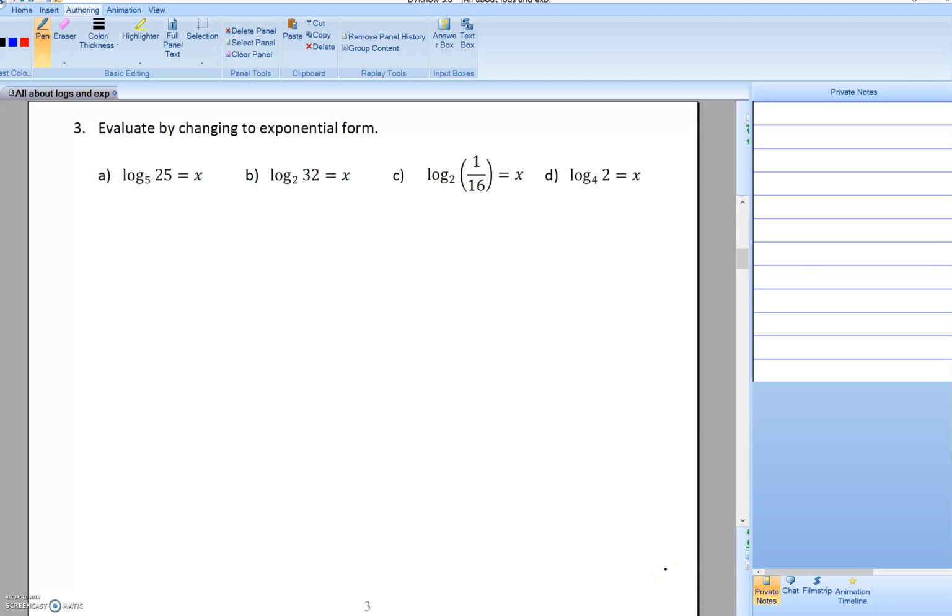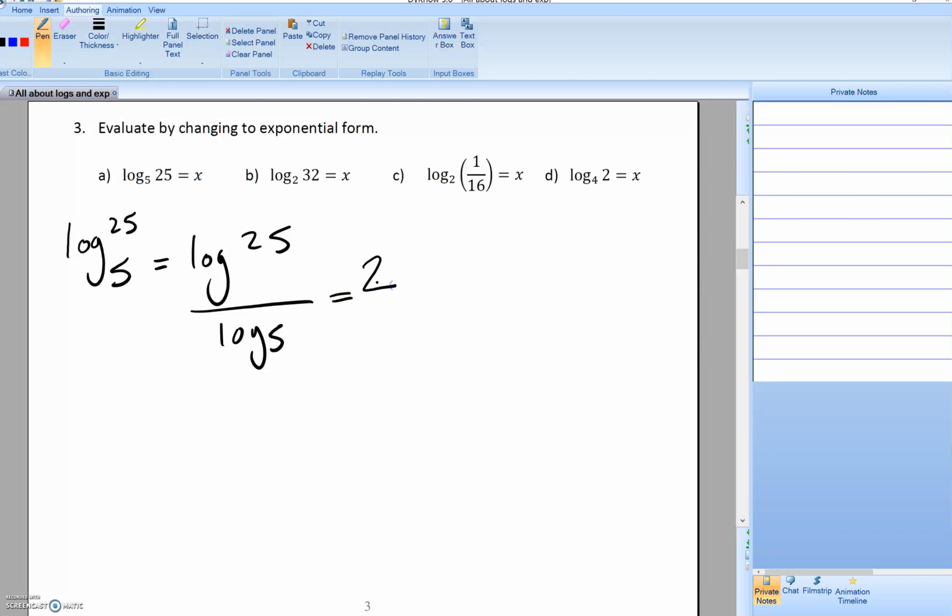Here I say evaluate, I want you to find x just by changing to exponential form. I know you can do log 25 base 5, you can change it to log 25 divided by log 5. You can use your calculator and the answer is going to be 2, but I do not want that, because I want you to do it by changing to exponential form.